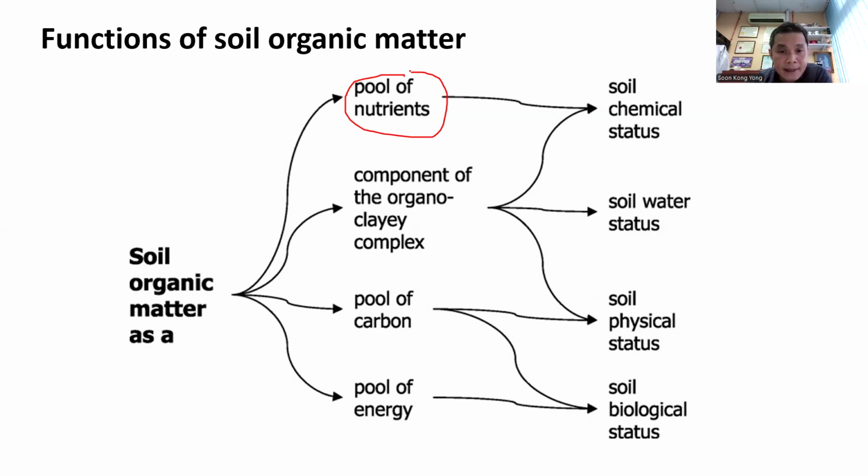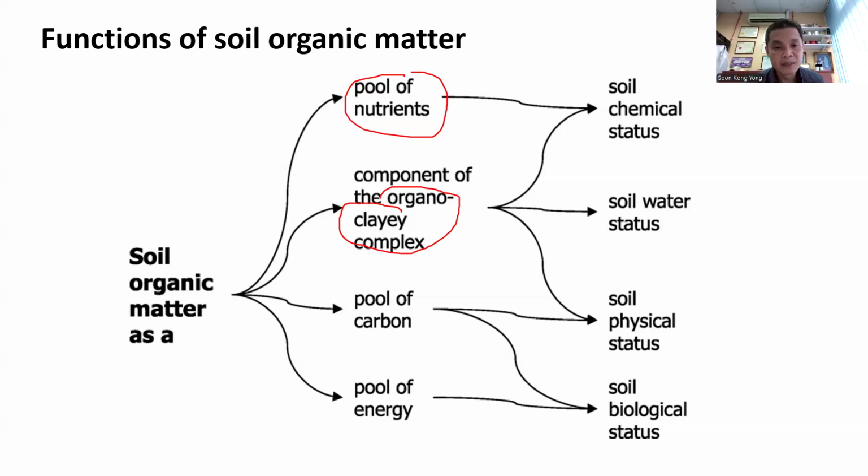And then it is also a component of the organoclay complex. Why is this important? Like I told you earlier, clay alone is not enough to ensure soil fertility. It must be combined with organic matter, forming this so-called organoclay complex, to really boost the soil fertility.